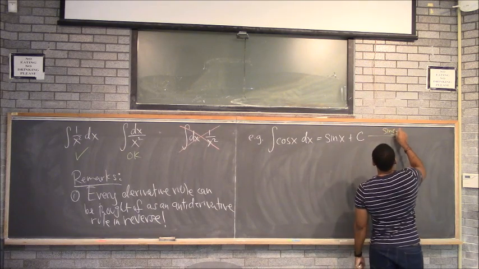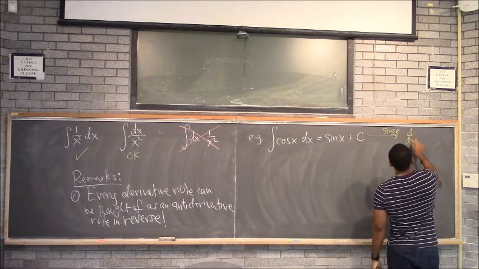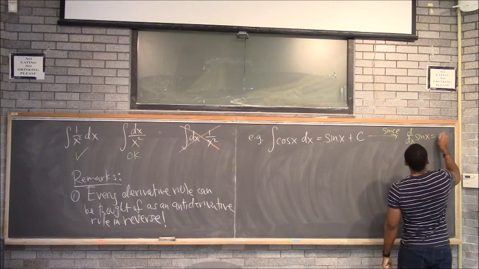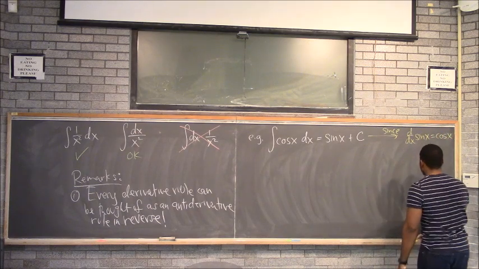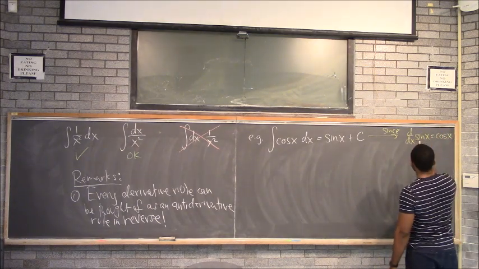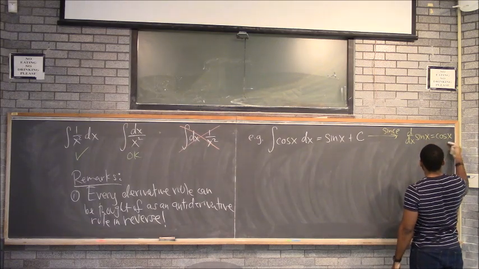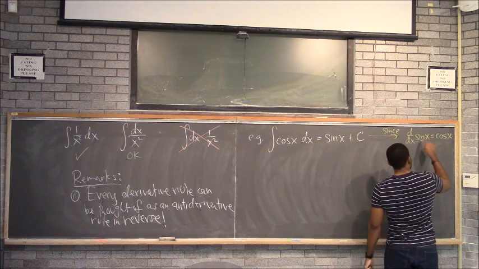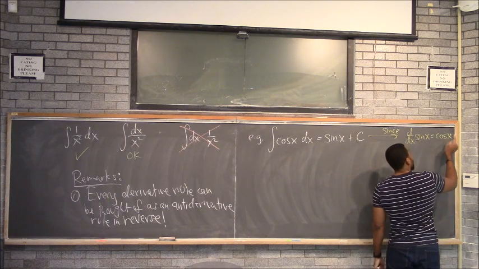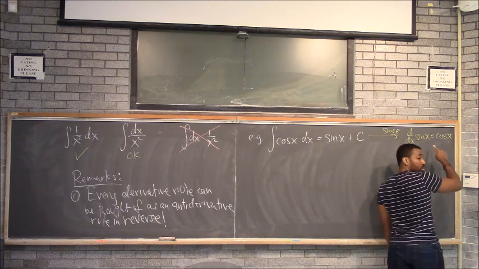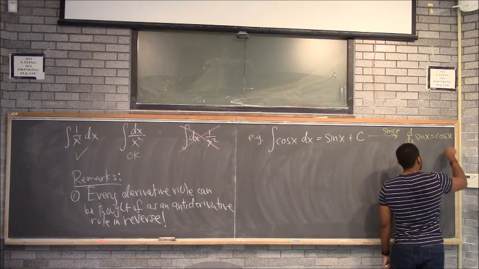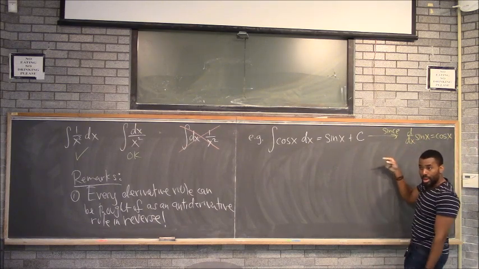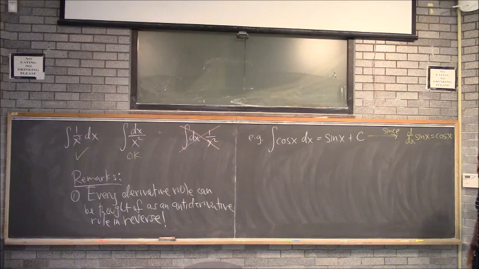Since if I differentiate the sine of x, the answer was the cosine of x. So pretty much, the derivative tells me how to get from sine to cosine. So if I want to go from cosine back to sine, what do I do? Well, I integrate. So me knowing that the derivative of this is that means the antiderivative of this is that, right? So every time I tell you this rule, if you look at it in the opposite way, I told you an antiderivative rule as well.